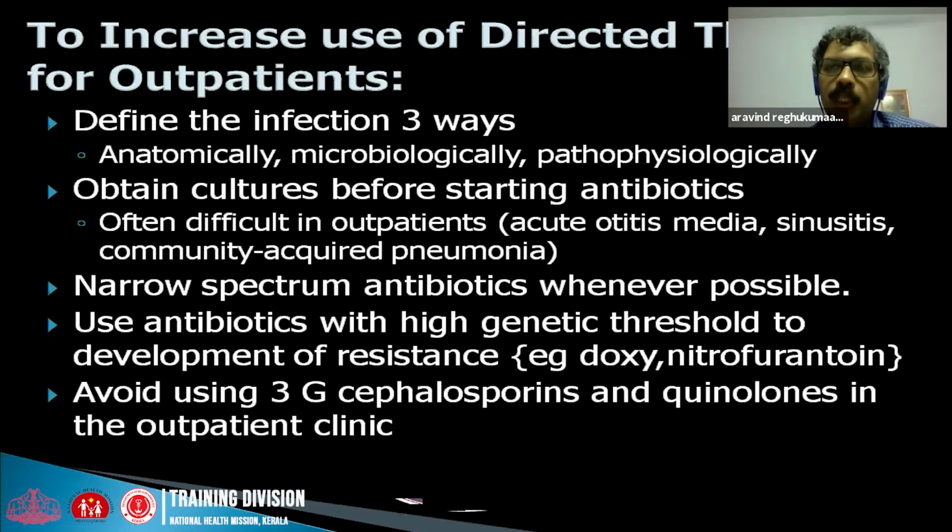So antibiotics with less resistance potential, or a high genetic threshold to development of resistance, are included under the Access category of antibiotics. And we should be avoiding 3rd generation cephalosporins and quinolones in the outpatient clinic if possible. They should be used only if there is a definite indication, because they come under the Watch category of antibiotics.